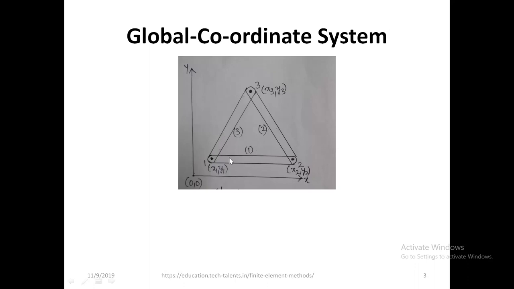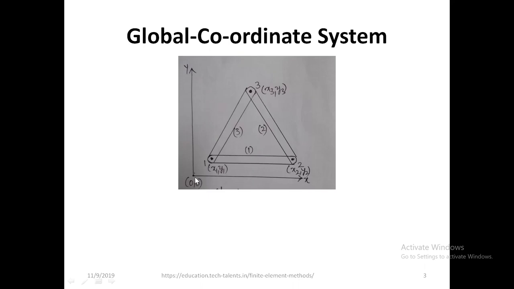All these three elements together make an object. Each element has two nodes. In case of element 1, there are node 1 and node 2. Similarly, other elements also have two nodes. In case of element 3, there is node 1 and node 3.